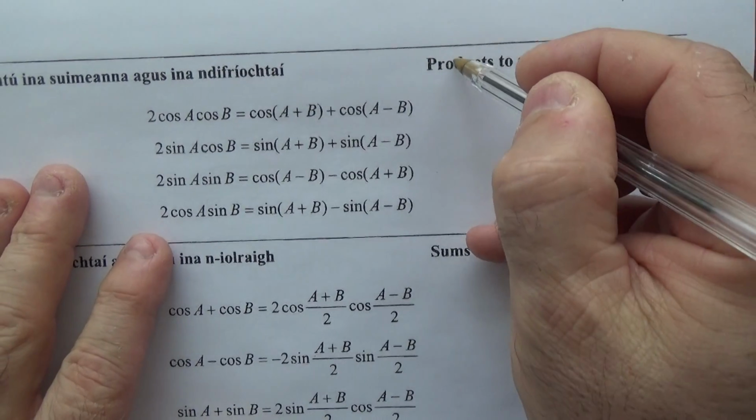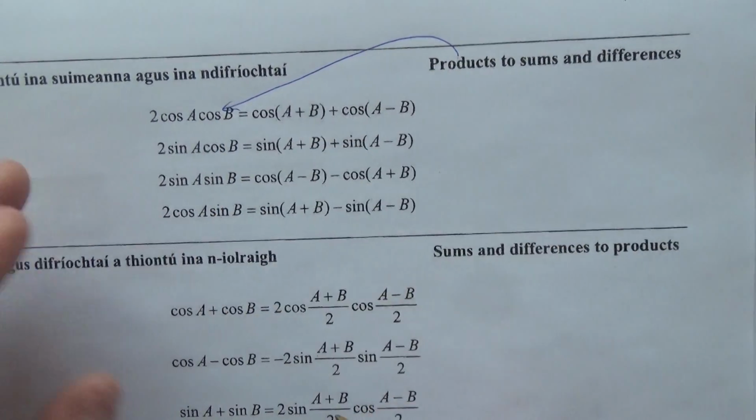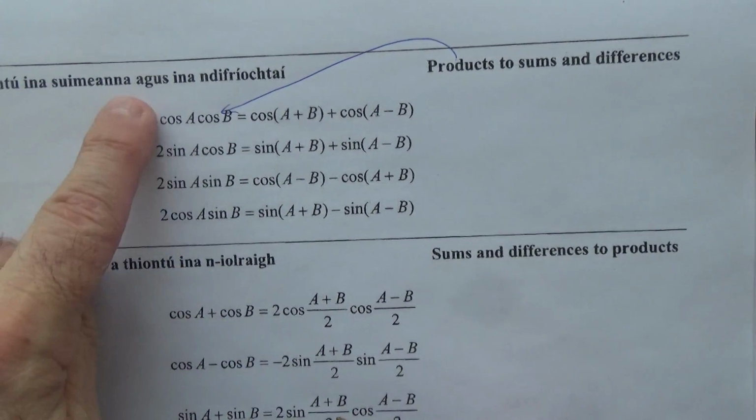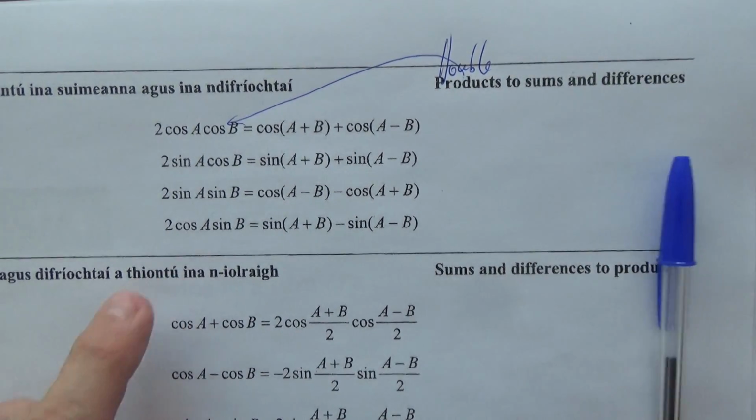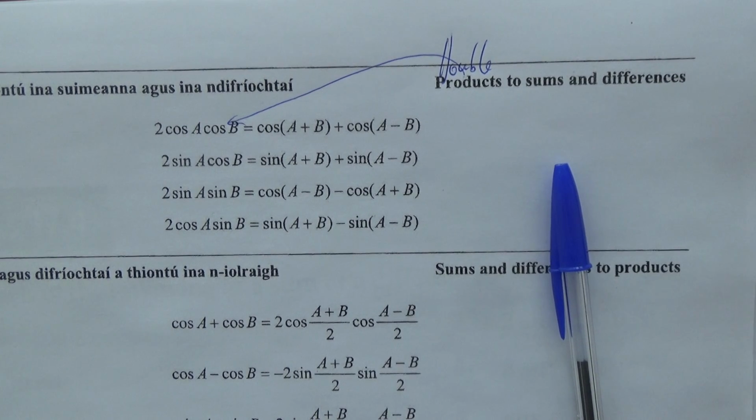The word product comes from the fact that these are products, actually double products, and it might be no harm to write in double products instead.